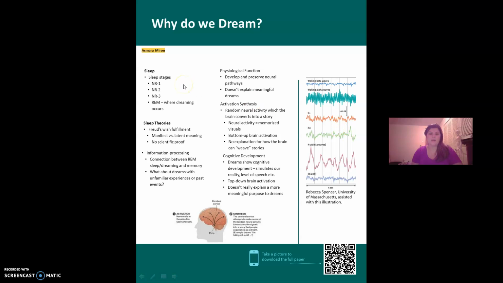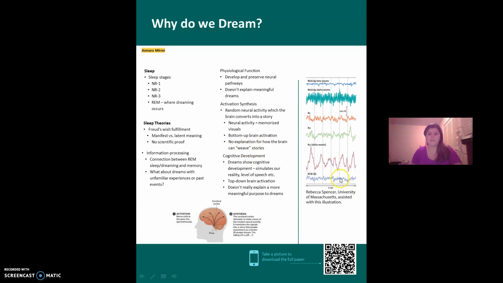And then NR3 is when you're in very, very deep sleep. You've got these large, slow delta waves. Your heart rate and your breathing is the slowest during this stage, and it would be very, very hard to wake you up at this point.